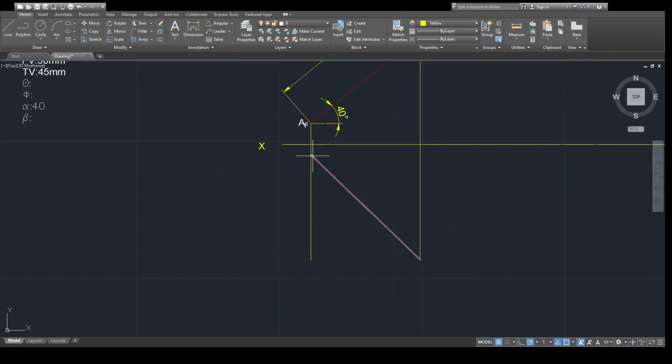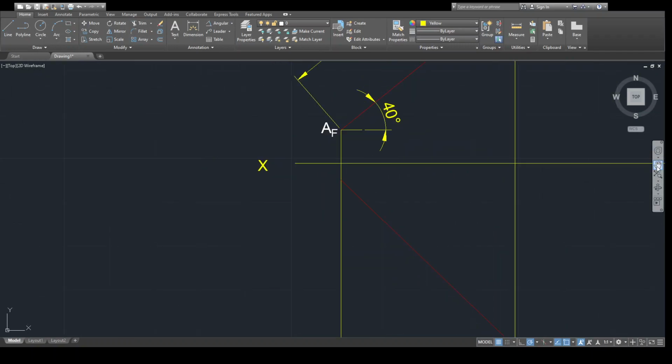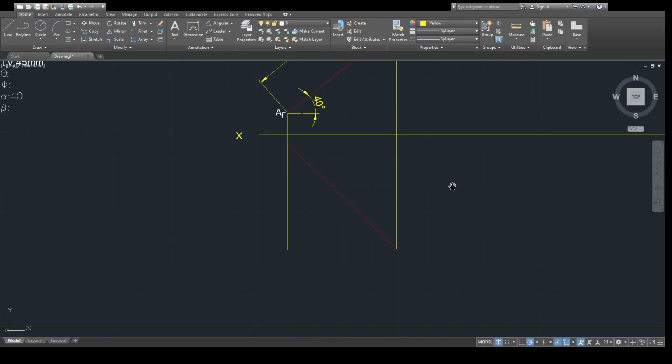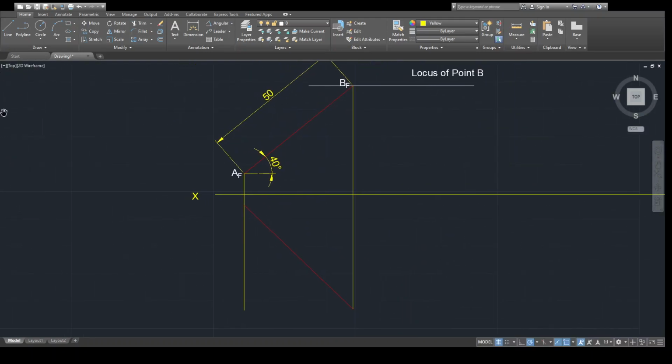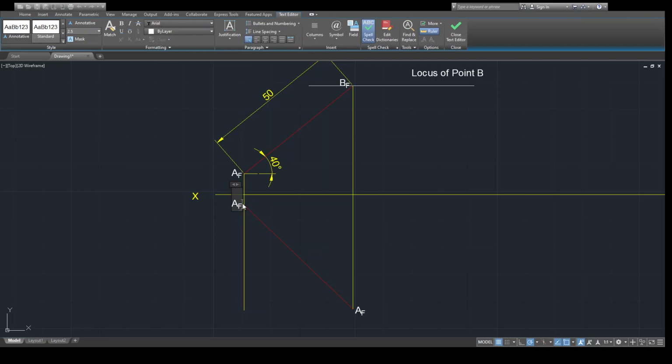We'll call this point AH. I will copy this. So this is AH.